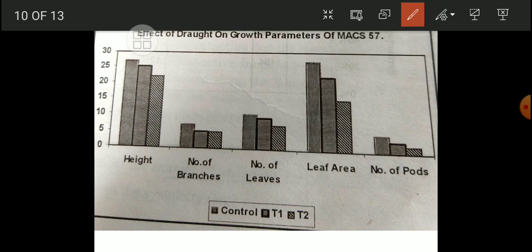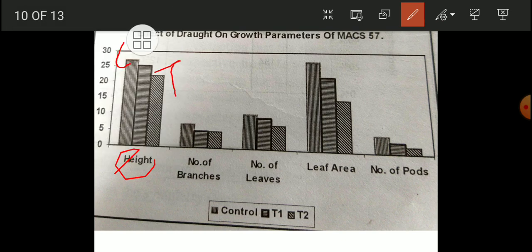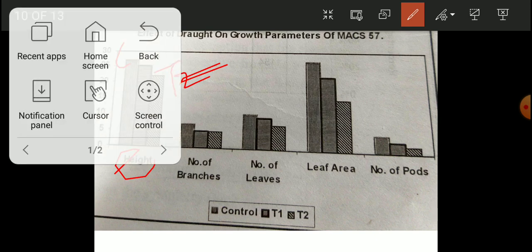First, we will see this height, isn't it? In this height, first bar is of control, second bar is for T1 variety, third bar is for T2 variety. So here we can compare the things very well. For the comparison, we can use the multiple bars here.